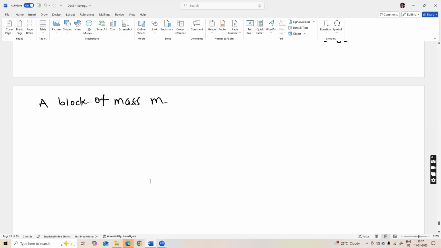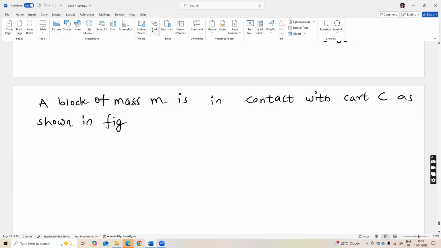So we'll see one previous year question now. A block of mass m is in contact with cart C, as shown in the figure.